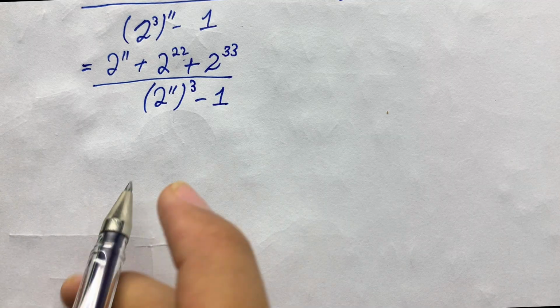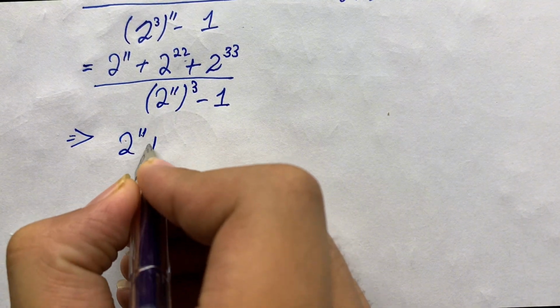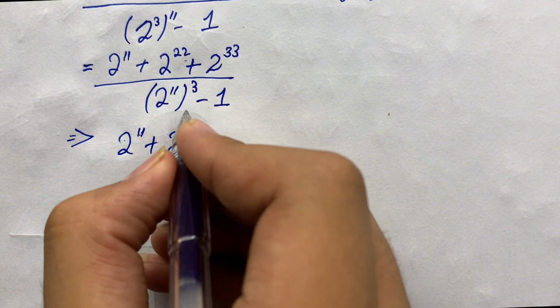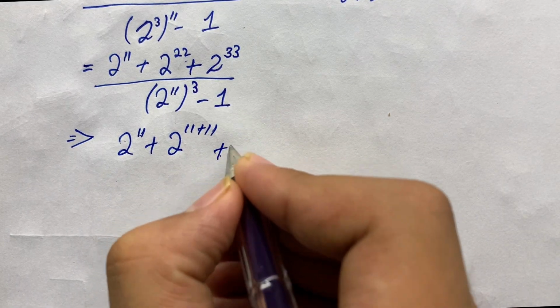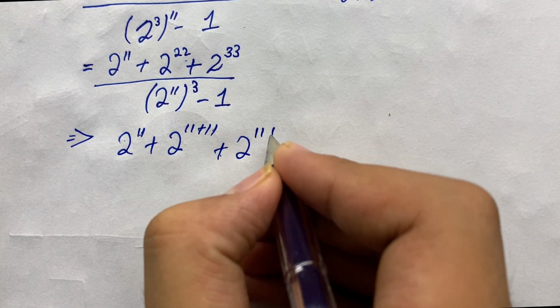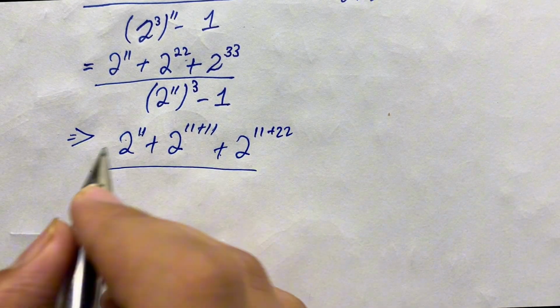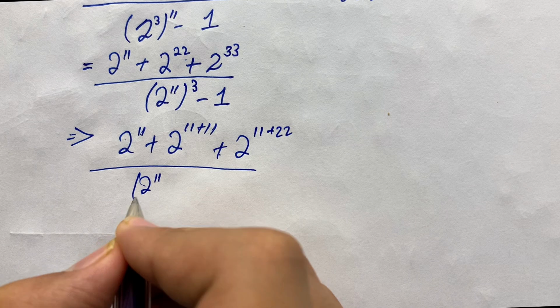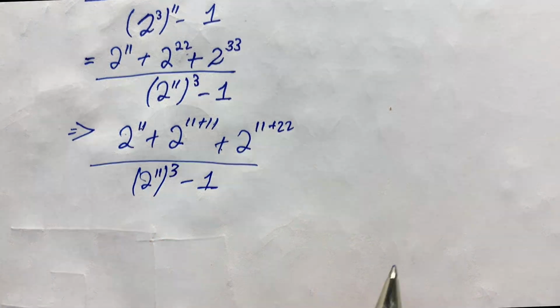So in the next step, this 2^11 plus 2^22 plus 2^33, divided by 2^33 minus 1.